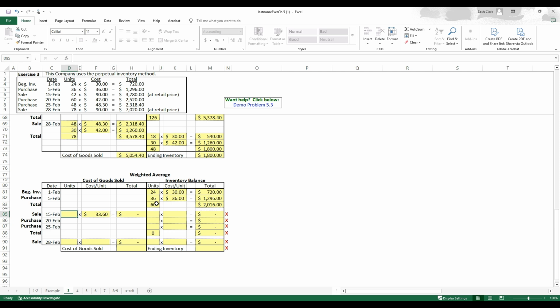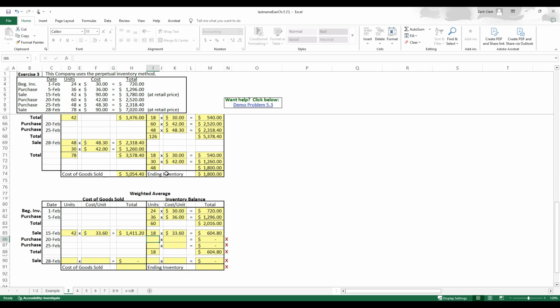So 33.6, 42 units, and then we end up with 18 units left at 33.60, so 604.80. So again, it's just taking the weighted average of these costs per unit, so we don't end up with different layers the same way. When we do the sales, we just use that average.